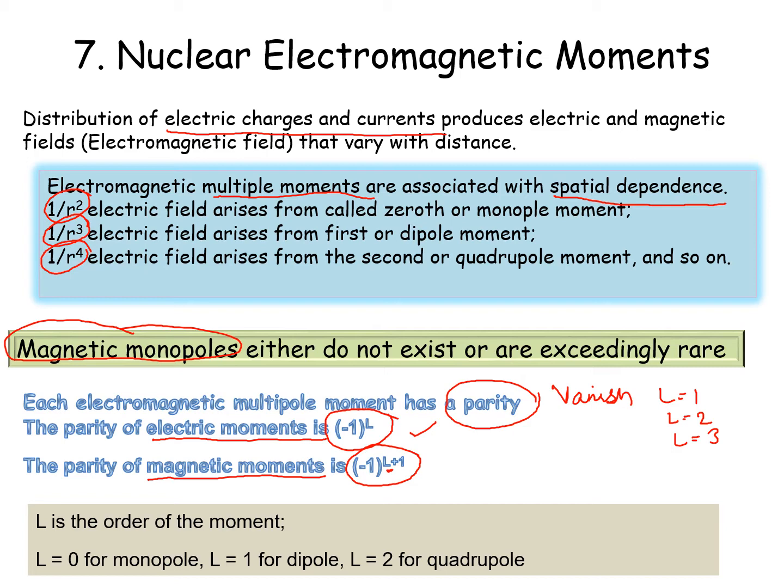Now, the non-vanishing multipole moments are the electric monopole, that is L equal to 0, the magnetic dipole, that is L equal to 1, and the electric quadrupole, that is L equal to 2. Here L is the order of the moment, where L equal to 0 is for monopole, L equal to 1 for dipole, and L equal to 2 for quadrupole.